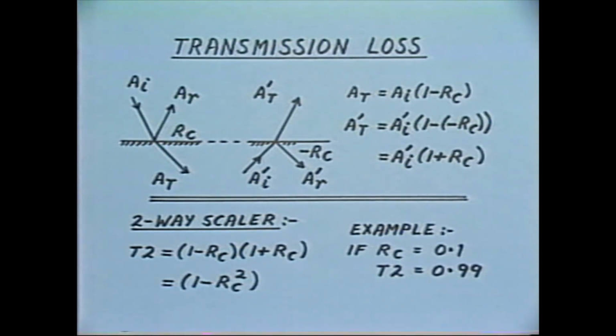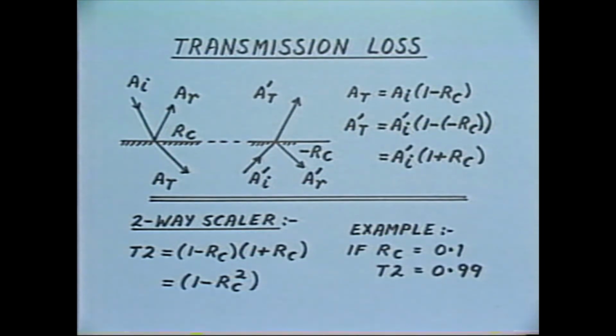If we take a numerical example of that, if the reflection coefficient was 0.1, which is a fairly strong reflection coefficient in practice, then the two-way scalar applied to the transmitted energy is 0.99.